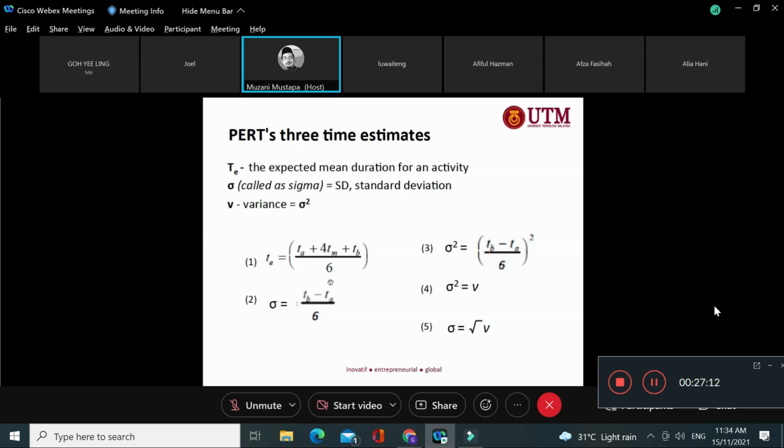In this equation, I don't want you to memorize it. I don't want you to remember it, even if it appears in an exam or question paper. We put the formula or equation for you, but I need you to understand the justification for why this number comes from there, right? So you can see TA, 4 TM, TB divided by 6.